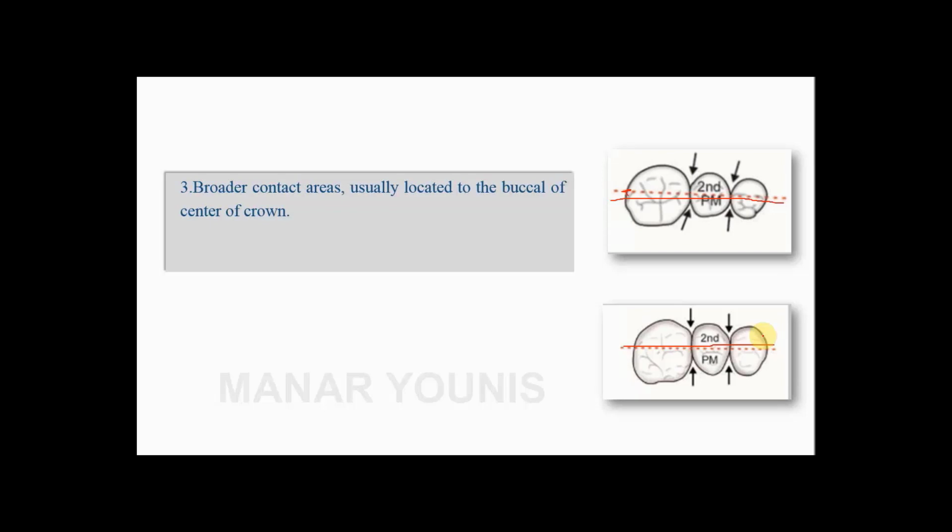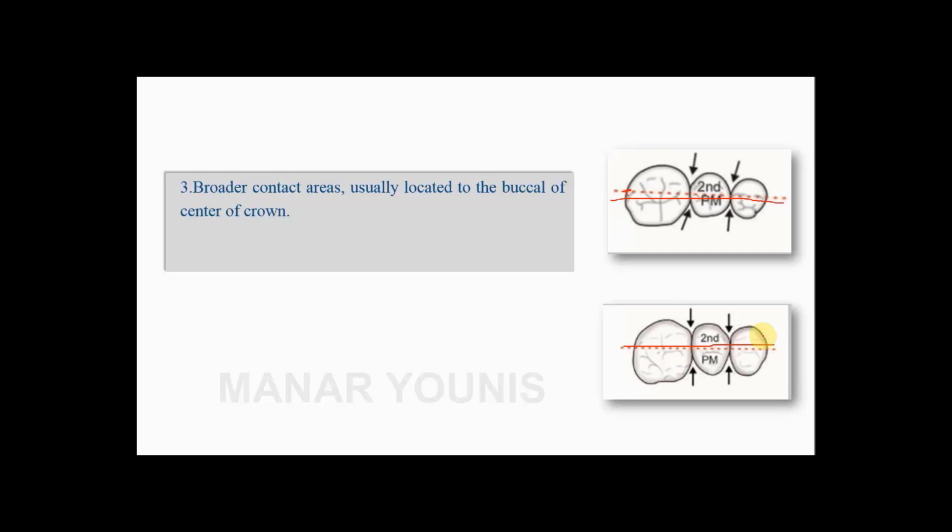Also, posterior teeth are characterized by having a shorter cervico-occlusal length compared with the anterior teeth. As you can notice here, the length of the maxillary premolars is shorter compared to the maxillary canine. The same applies for the mandibular premolars, which are shorter than the mandibular canine.